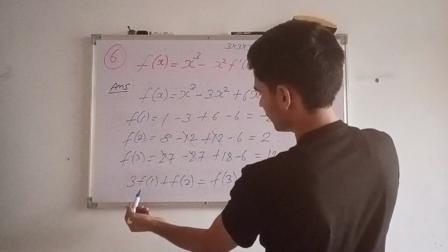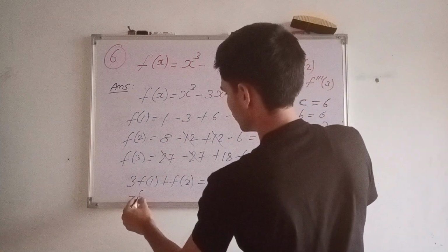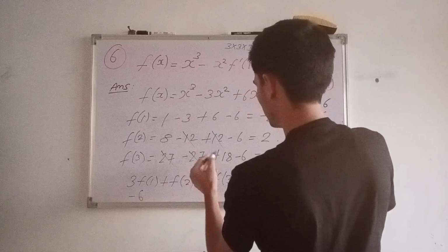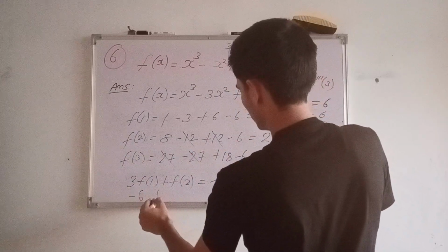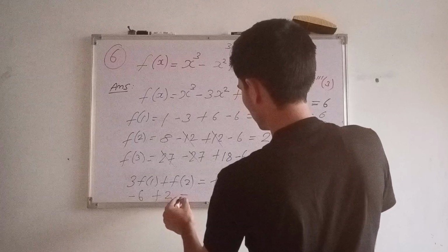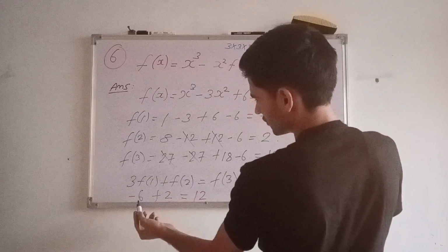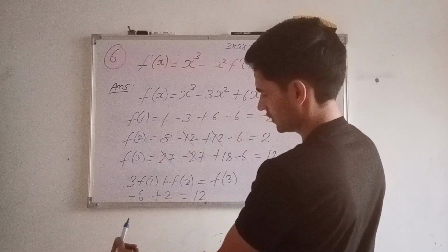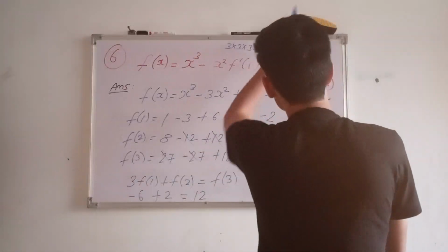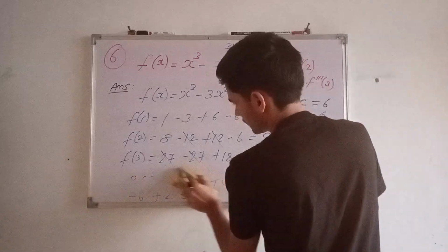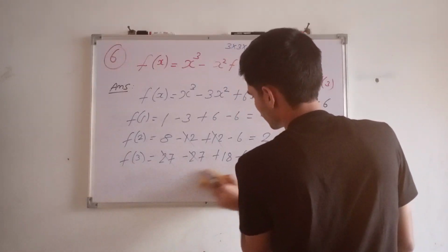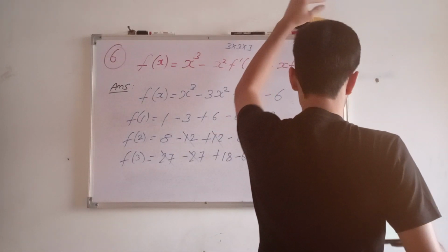Minus 2. So 3 into minus 2 will become minus 6 plus f2, f2 is 2, equal to f3. f3 is 12. Is this satisfying? This side is minus 4 and this side is 12. So this option is not correct. So first option won't be there.